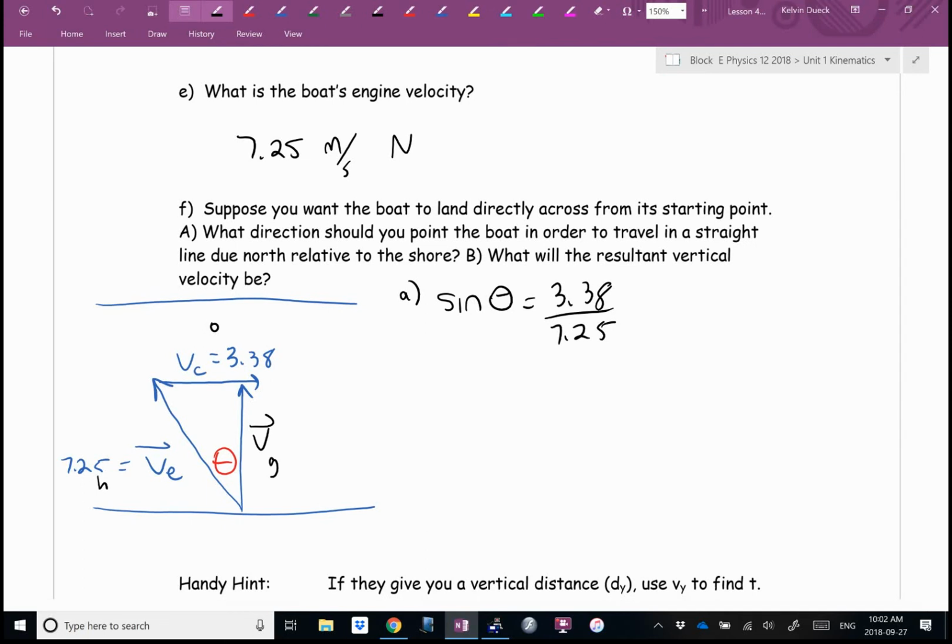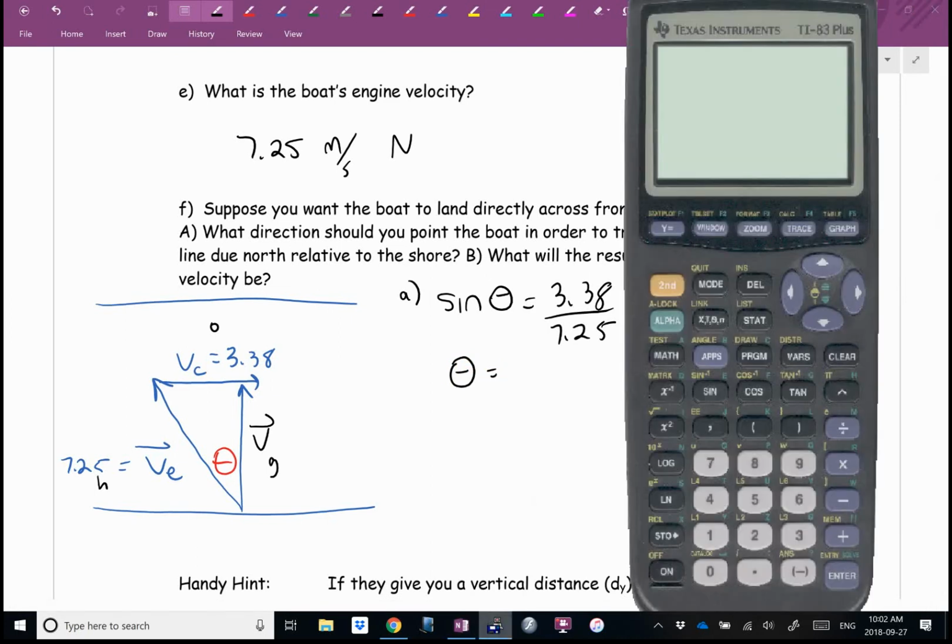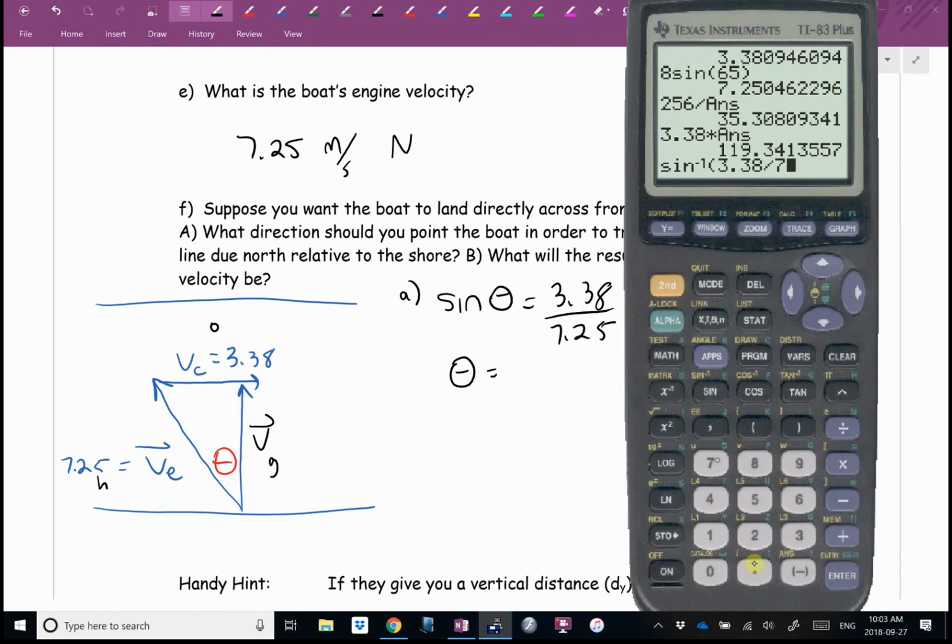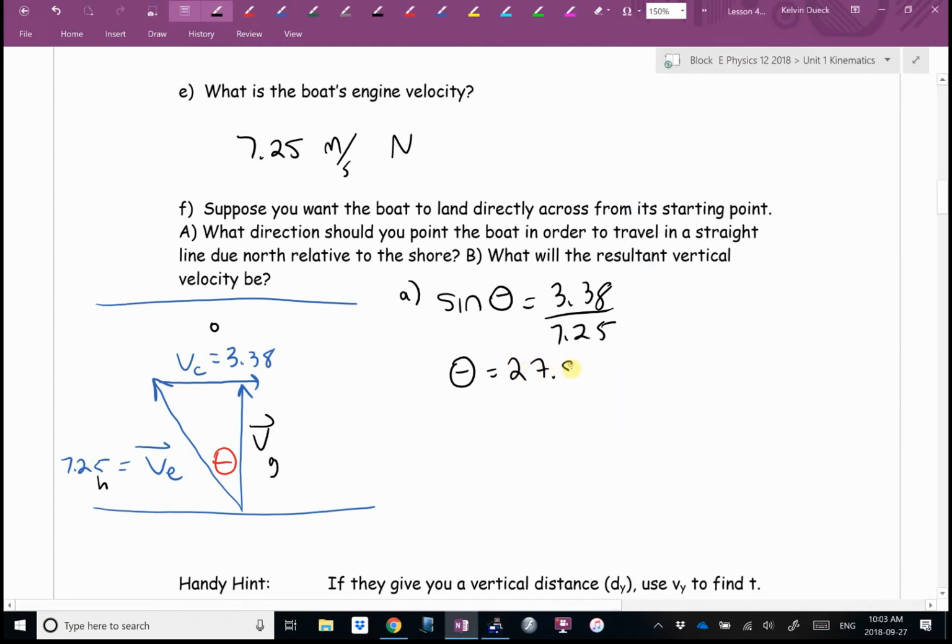I'll find that in part B though. 27.8 degrees. North of south, east of west, what of what? The nice line is of north.